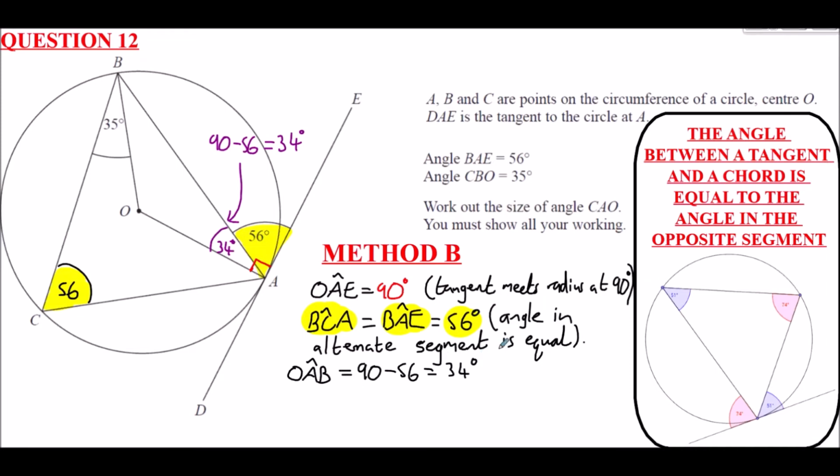And then we can say that's equal to the angle OBA. The reason for that is it's an isosceles triangle, because OAB is a triangle made up of two radii, here and here.